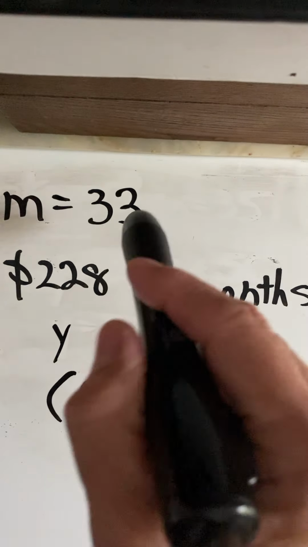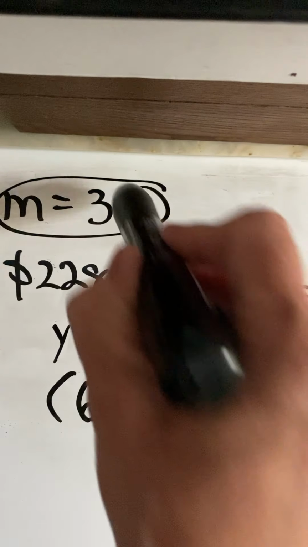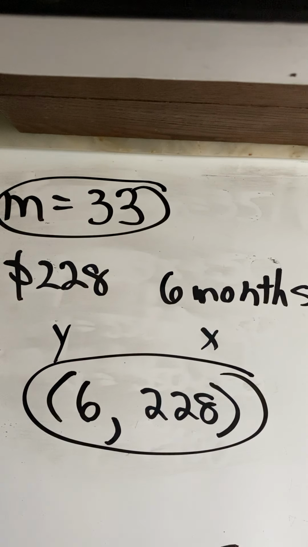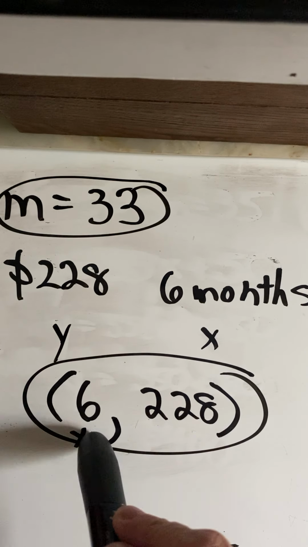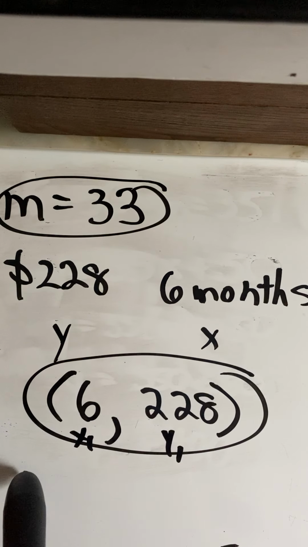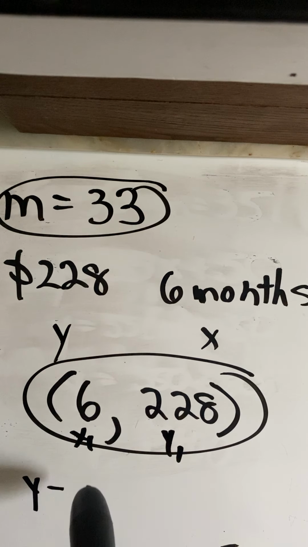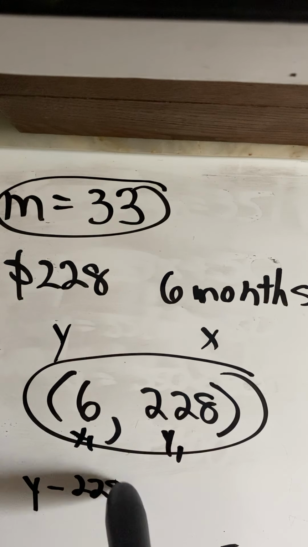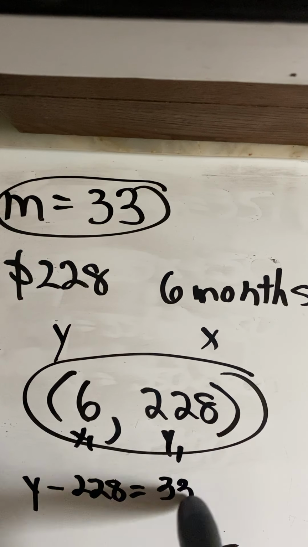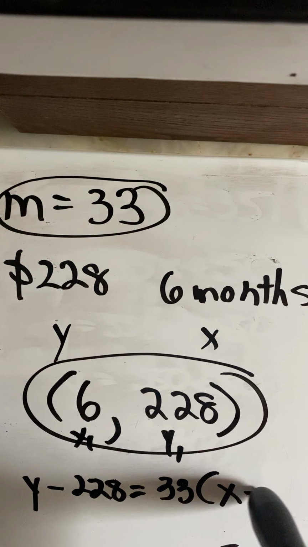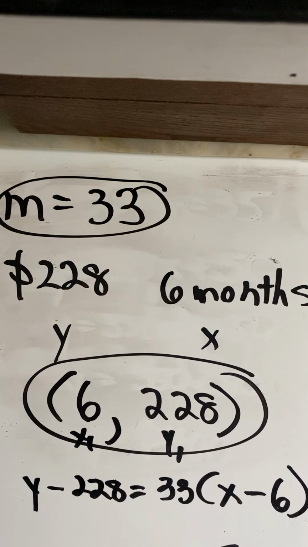So that means they've given me a slope and a point. What do I do if I'm given a point and a slope? I go into point slope form. So I say y minus y sub 1 equals m times x minus x sub 1.